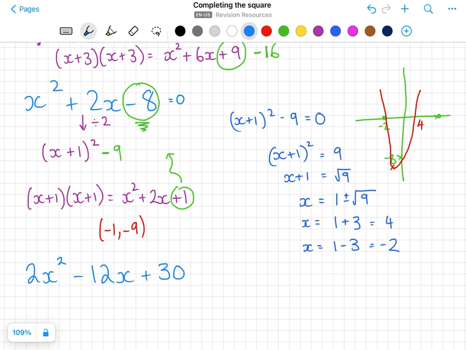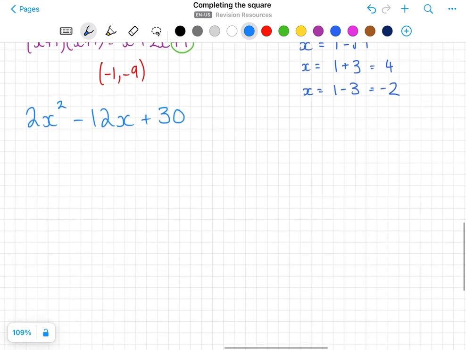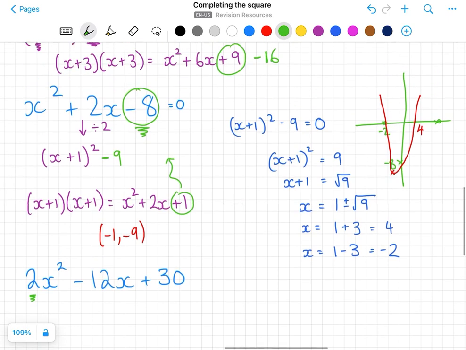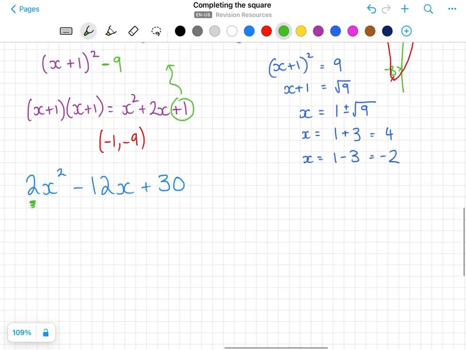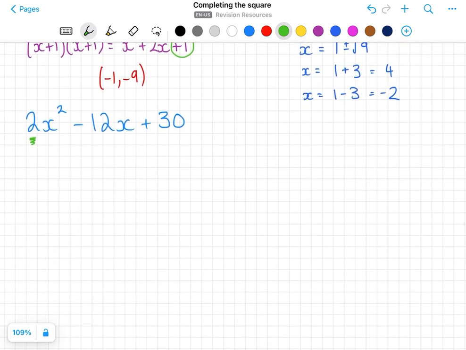Now let's look at a more difficult example of completing the square. The reason why this is more difficult is because the value of a is greater than 1. So it changes our first step. In order to complete the square, you need the value of a to equal 1.